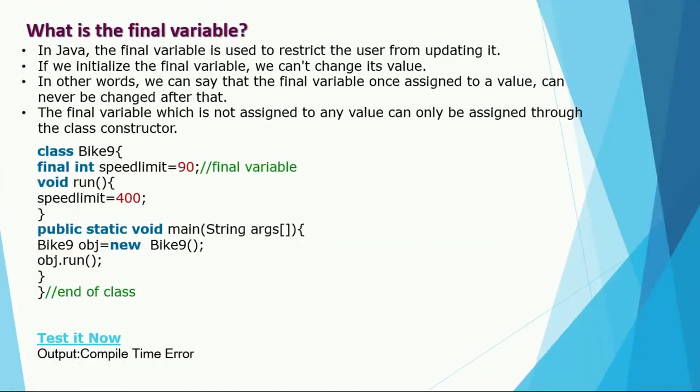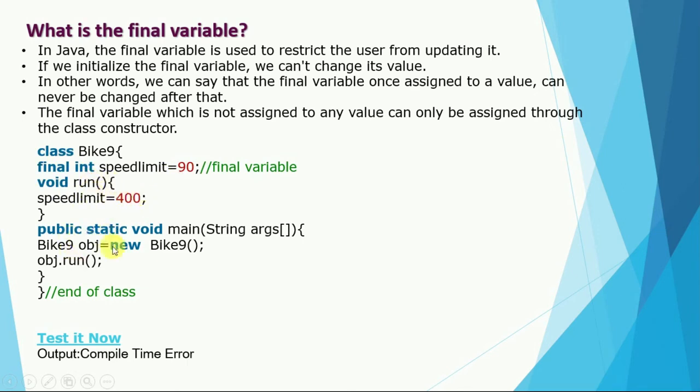Okay, what is a final variable? We already discussed that a final variable is used to restrict the user from updating it. If we initialize a final variable, we can't change its value. We can say a final variable, once assigned a value, can never be changed. Let's take a look at this example. We have a class named Bike9 with a final variable speed limit equal to 90, and a method named run, where speed limit equals 400.